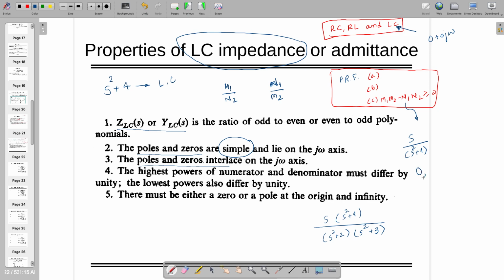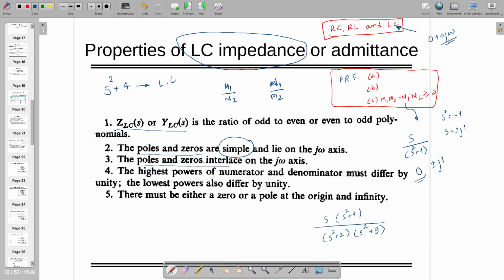One zero at origin, and two here. What is this j? One, right? So s square equals minus one. This one is the pole now. Yeah, that's the pole. So that is what I told. Yeah, this is right, but zero must lie on the j omega axis also. So zero is also on the j omega axis, right? Zero j omega is also part of the j omega axis. That vertical whole line is part of the j omega axis. That is what I'm saying.